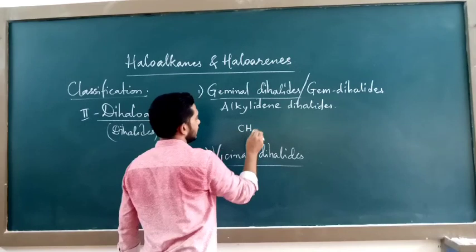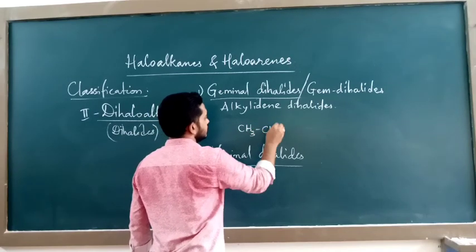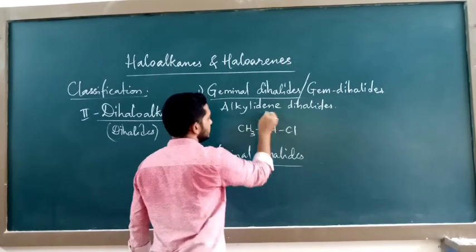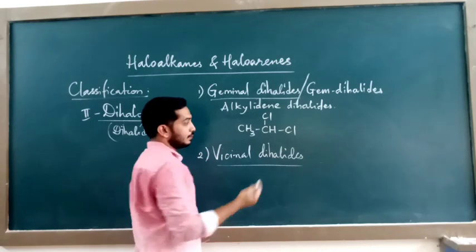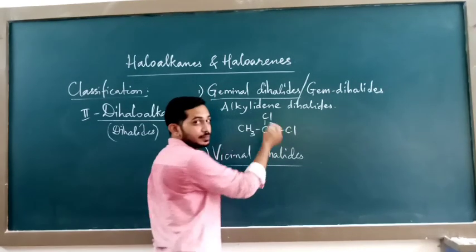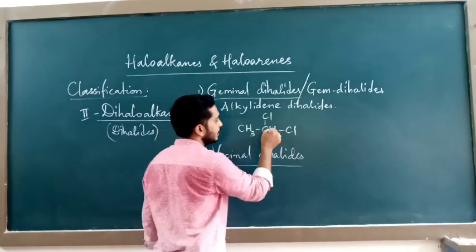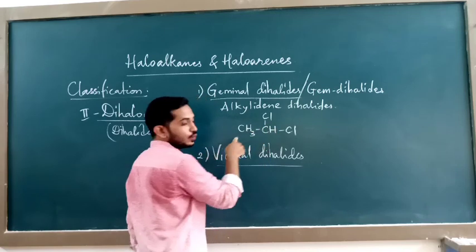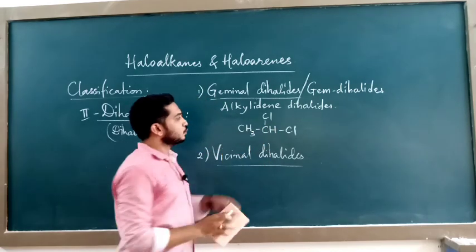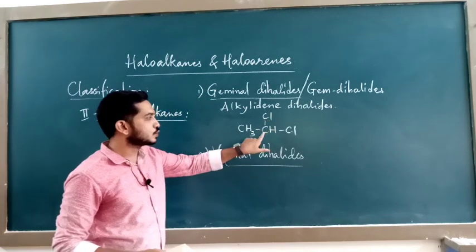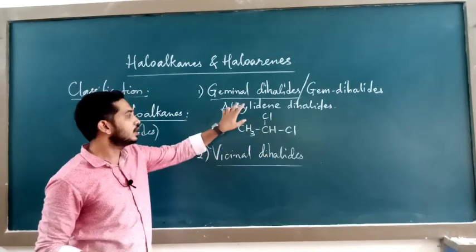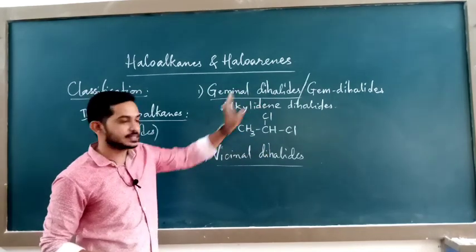Examples: CH3CHCl2. While numbering, you should remember that halogen should be given first preference. Therefore, it becomes 1,1-dichloroethane. If 2 same halogens are attached to single carbon, they are called geminal dihalides.